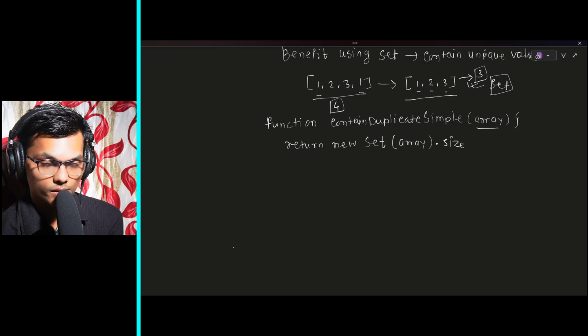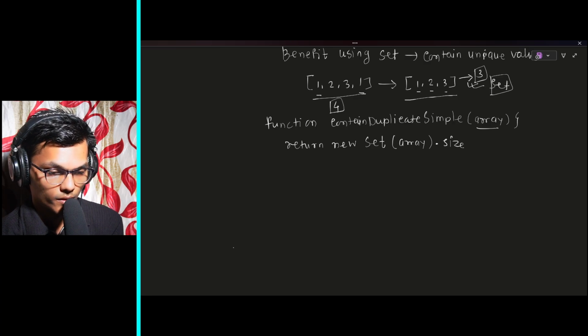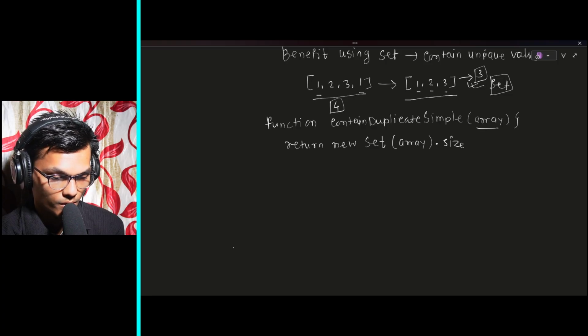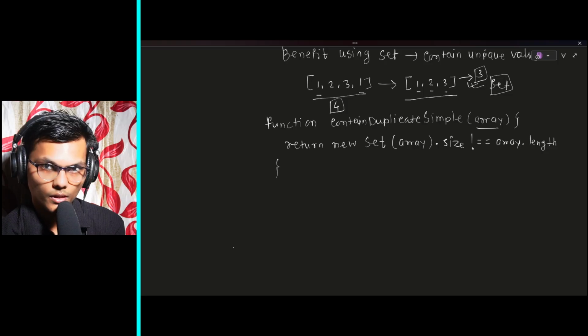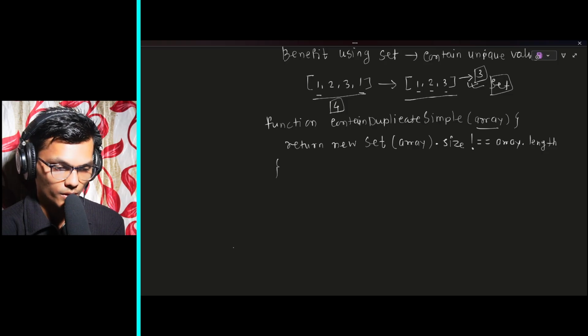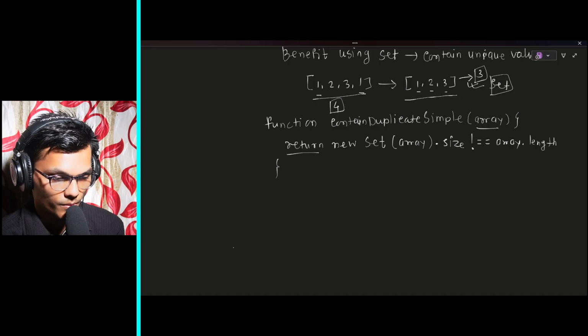If they are different, then yes, we definitely had a duplicate. So in the code we'll check if size is not equal to array.length, then it will return whatever the result will be here.